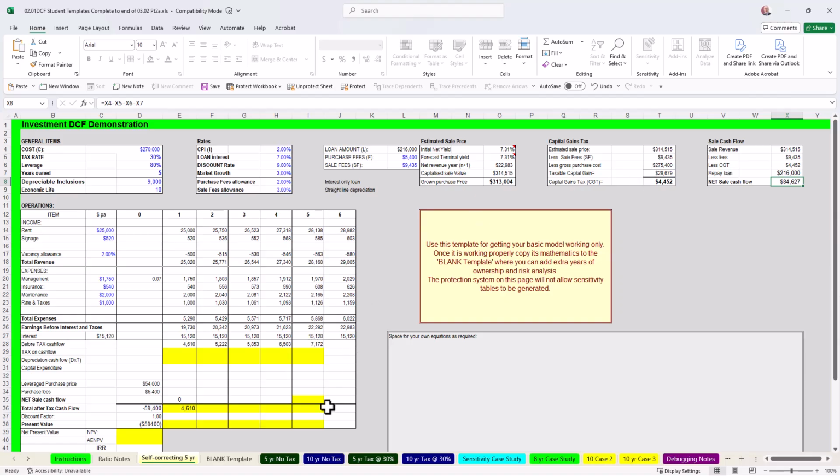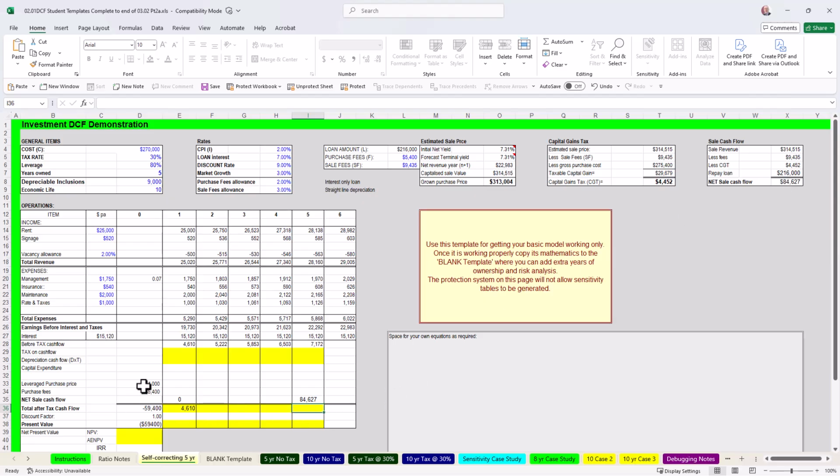What we need to do now is to put that net sale cash flow into our model. It's going to happen on the last day of our 5th year. So we put that in down here. And that's all good.